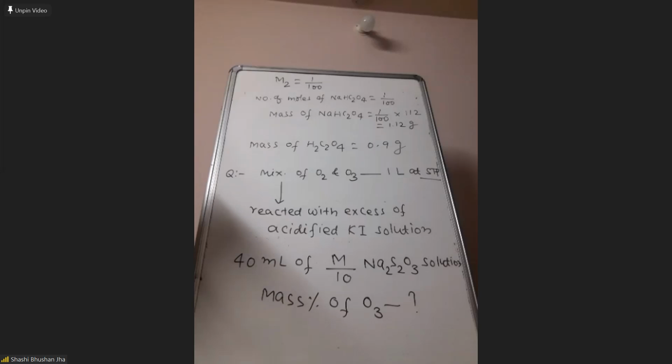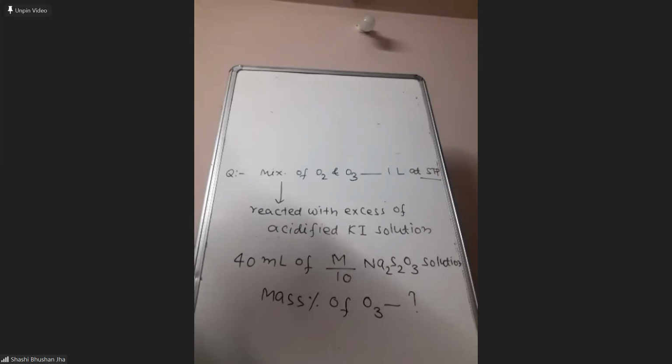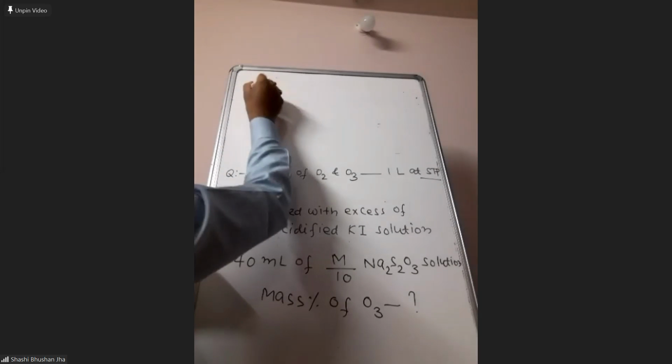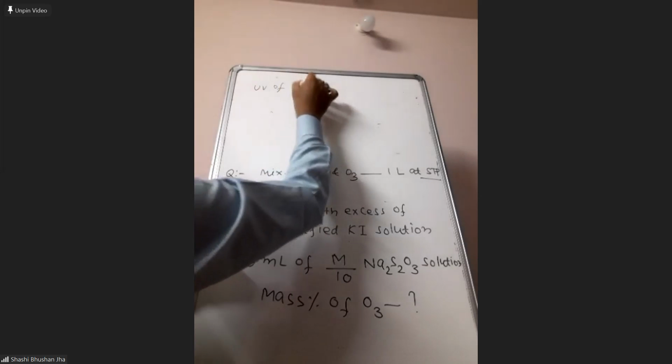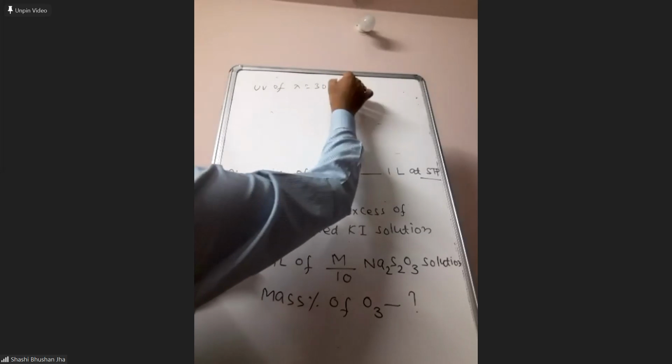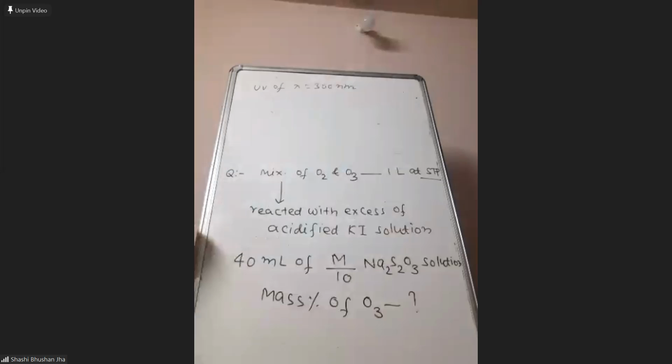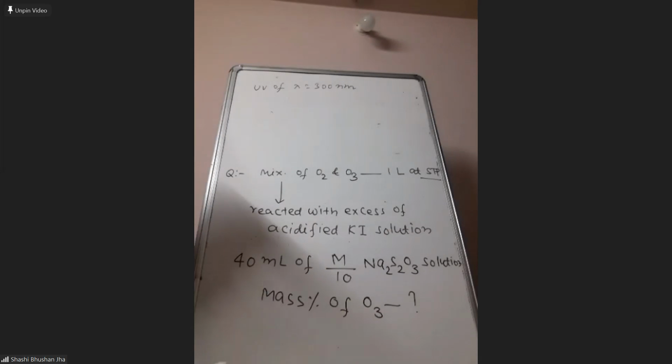There is one more part in the same question. Write in continuation. Ultraviolet radiation of wavelength 300 nanometer can decompose ozone.